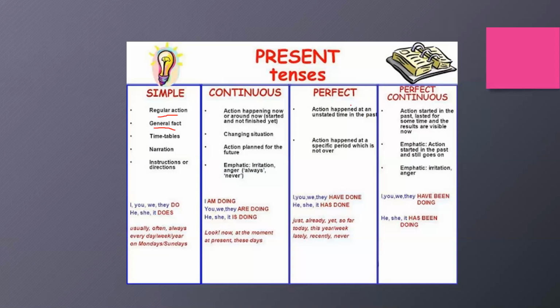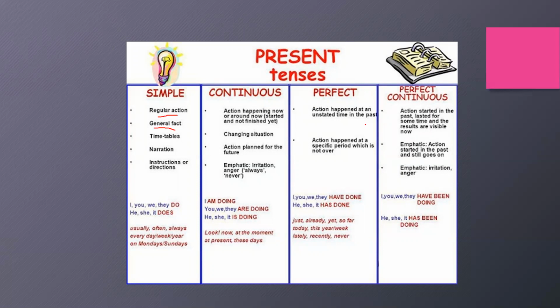Next is the present perfect tense. The action happened at an unstated time in the past. For example, I have already used this brand of soap and this will continue, right? The action was started in the past, but it is still going on and will continue in the near future.